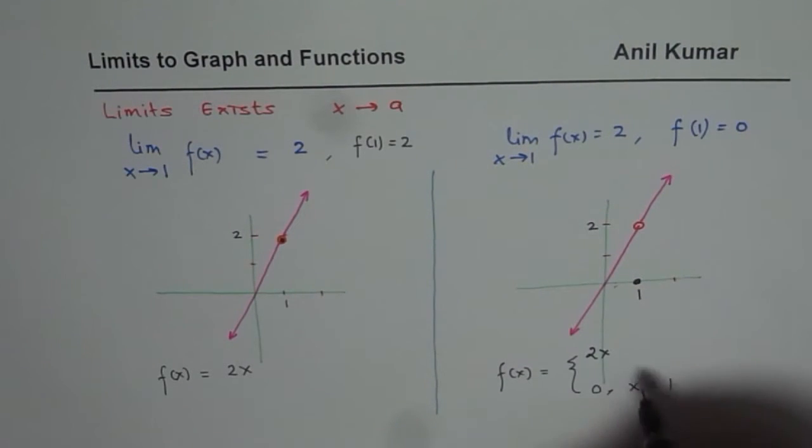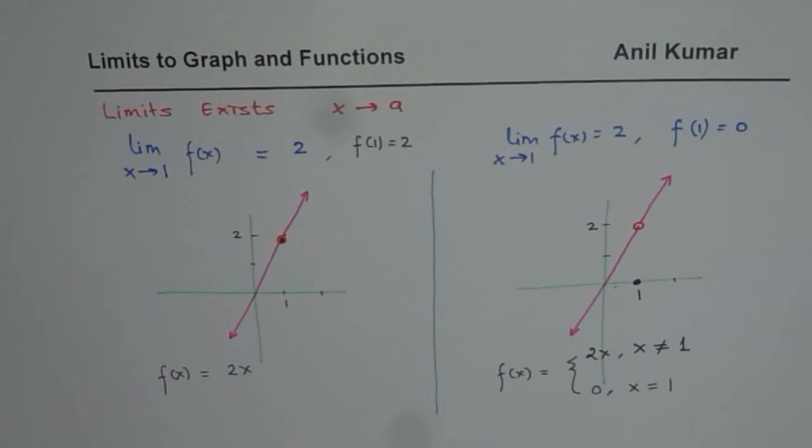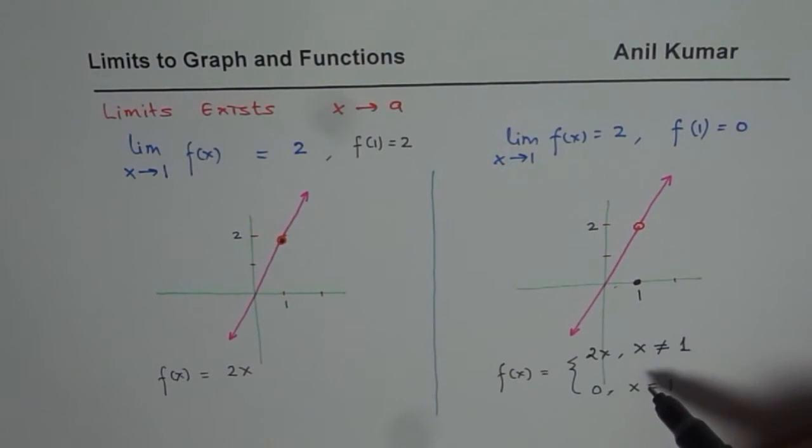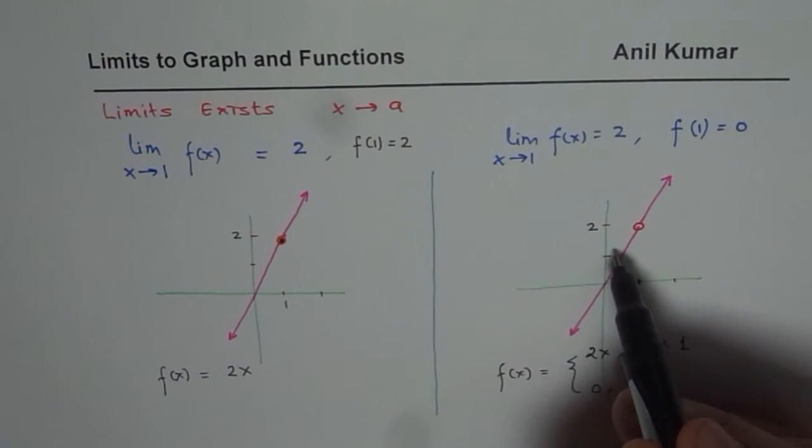The y-intercept is the origin when x is not equal to 1. This piecewise function shows that when x is not equal to 1, the value of the function is represented by the straight line 2x. But when x is 1, the value is 0. As you can check, if you approach from the left side, the limit of the function is 2.